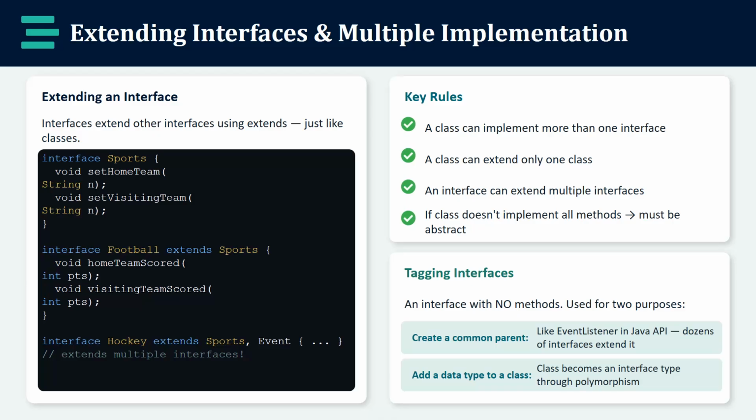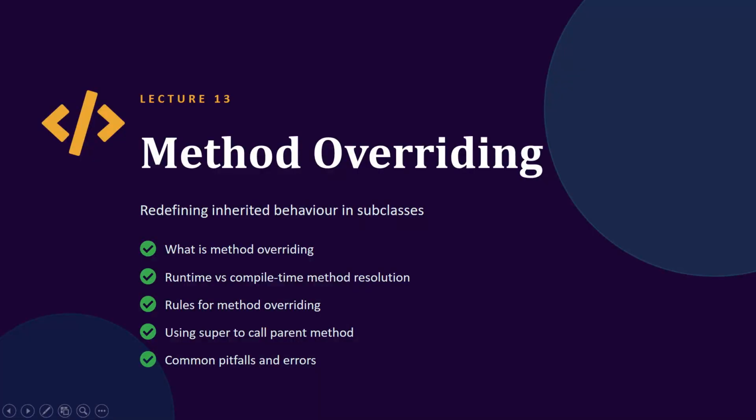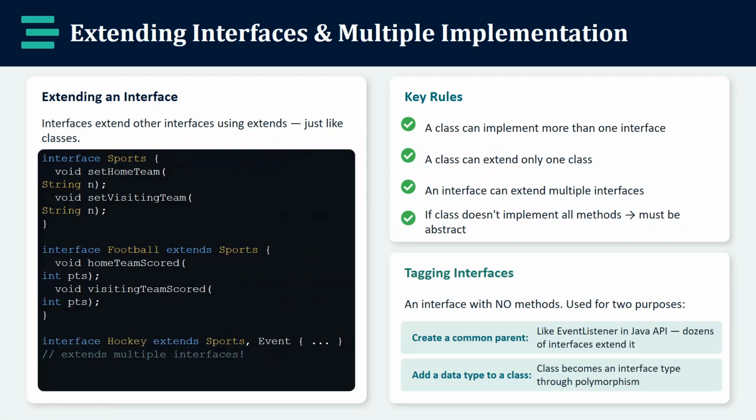So you can relate all the types of sports inside Sports using an interface. So what are the other types of sports that exist? First we have football, we have hockey, we have netball, we have NBA, we have all that. So you can easily extend that using the interfaces.